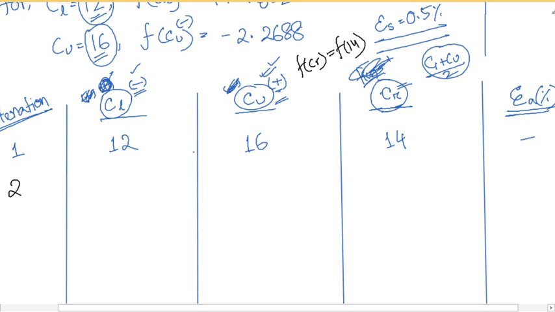That is our main concern here. So possibly for 14 we'll be getting a negative value, so that will be replacing this value, and this will remain the same. For the next step, this is CL and this is CU. That's why the CR will be calculated as 15 in the next step.